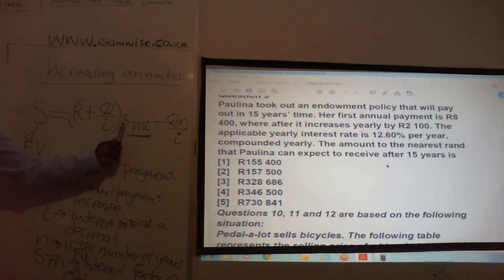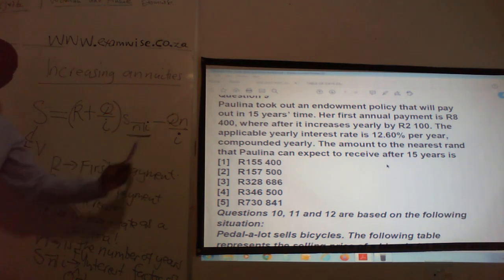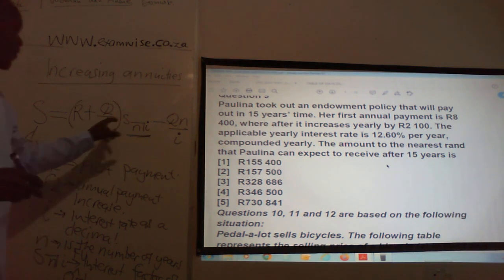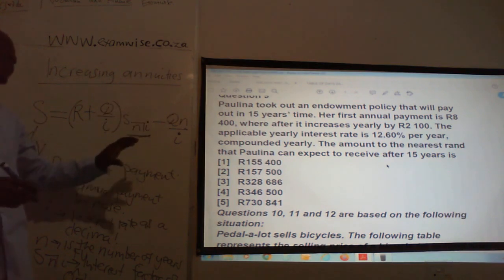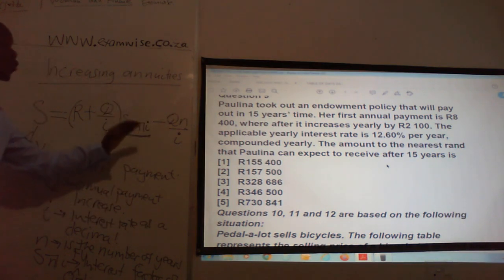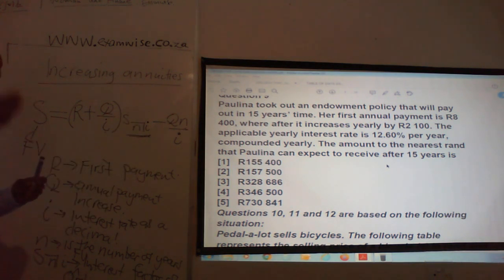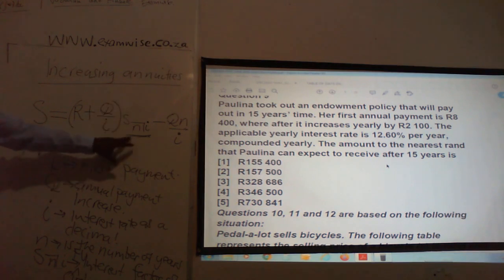We say S angle N at I. For the purpose of this module, they will give us this future value interest factor this way, but we cannot use it directly as it is. We have to change it to another format.